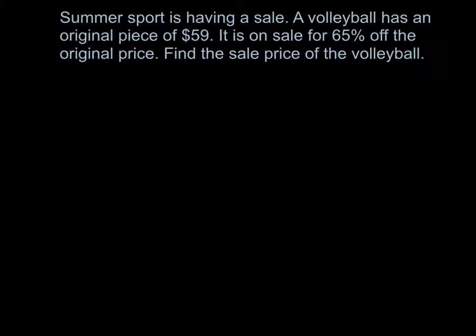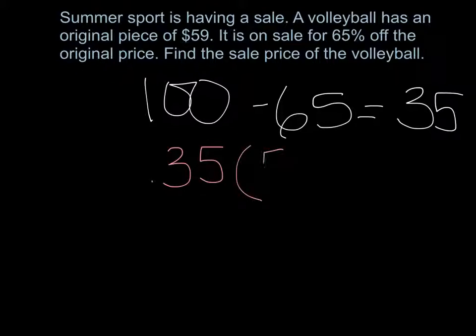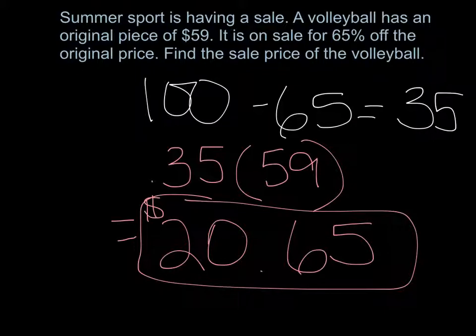So you could subtract what you're taking away from the 100%, which means that you're paying 35% of the price. So then you could just multiply what you're paying, the 0.35 times the 59, which would get you $20.65, which would be what you would pay at the register for the volleyball.